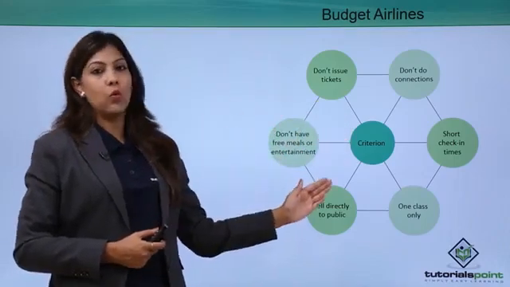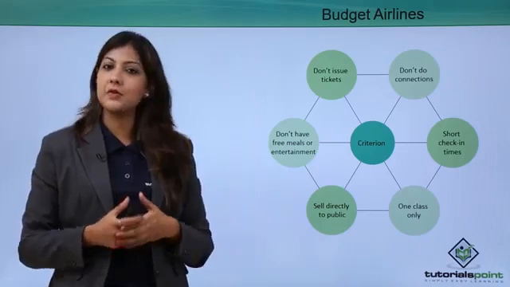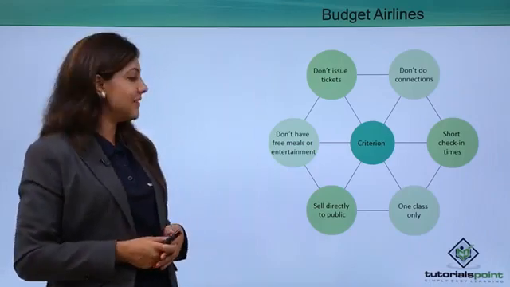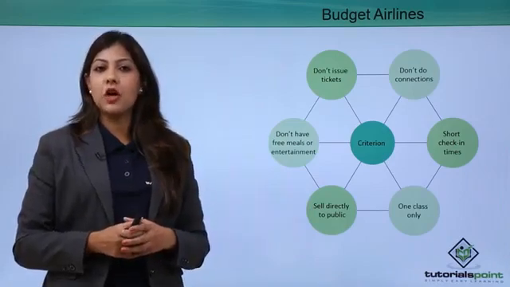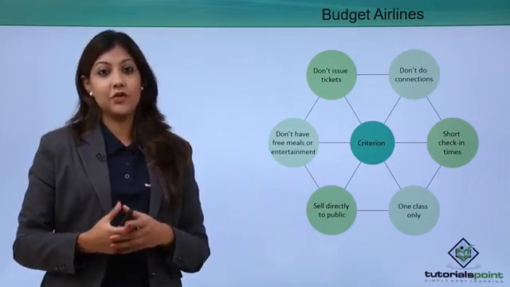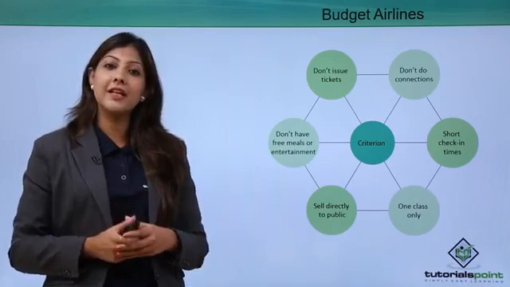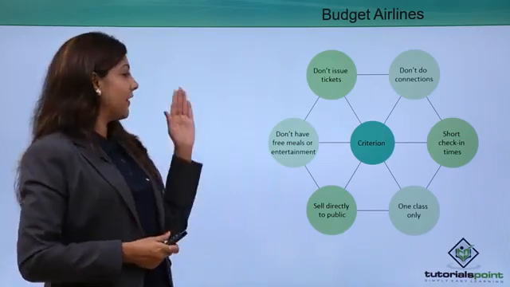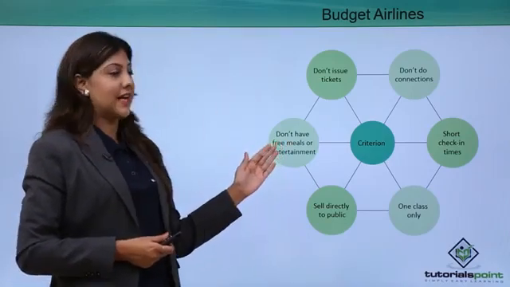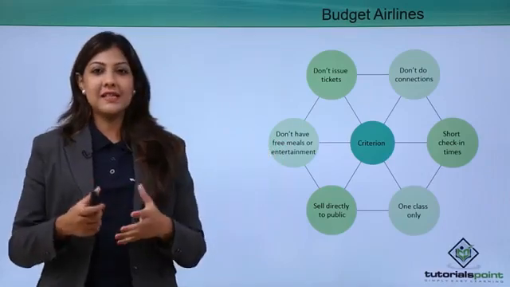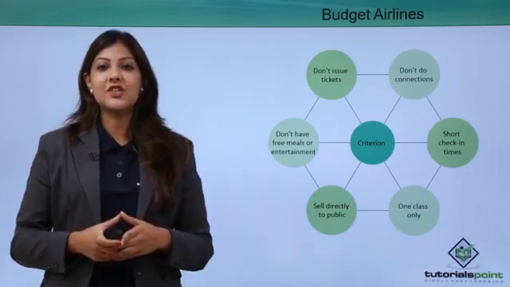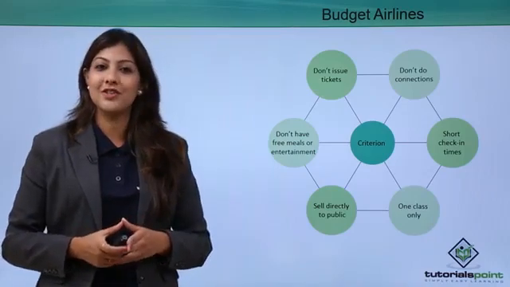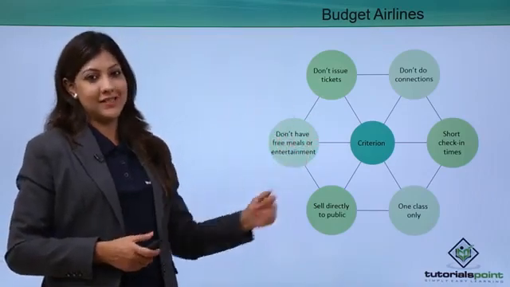They have only one class, which is economy class, so no first class and no business class. They sell directly to the public. These budget airlines do not work via travel agencies or travel agents. They sell directly to the passengers. They do not have any free meals or any kind of entertainment. So that's a little brief about budget airlines. Domestically as well as internationally, there are lots and lots of budget airlines which work under these criteria.